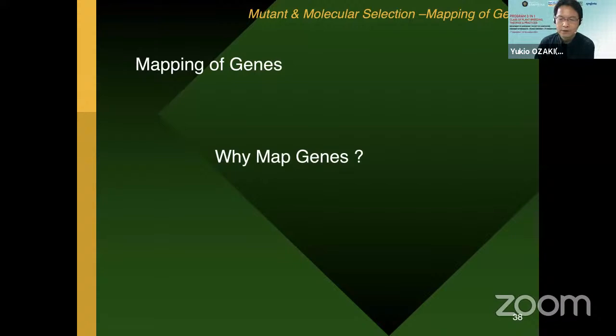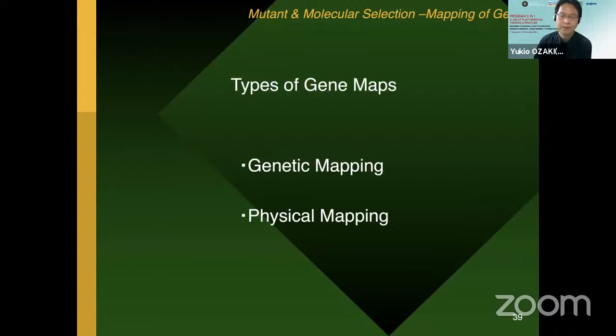The ultimate goal of gene mapping is to clone the mapped genes. There are two conceptual ways of generating a map of genes: genetic mapping and physical mapping.